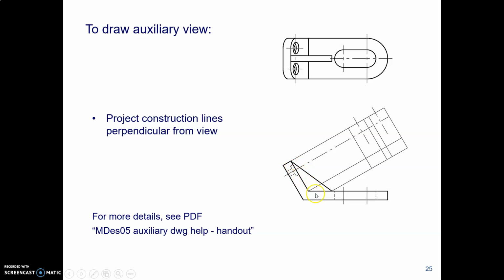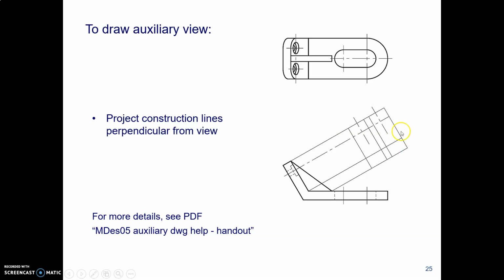To get a line that's perpendicular to this surface, I just come out here in space. I start a line, and using the perpendicular O-snap, I perpendicular snap it to the surface. Now I know it's at the right angle. Now I can move or copy that construction line, knowing that it's at the right angle, and I can move it to where I want it.